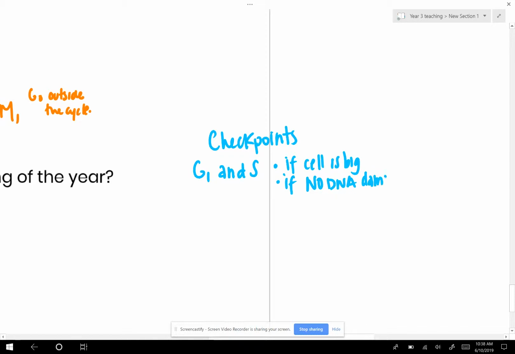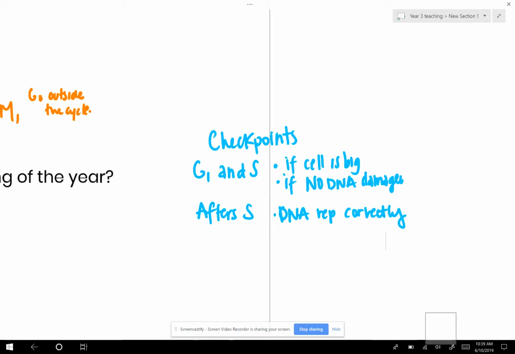Then we have one after S, where we check if DNA is replicated correctly. So that is another checkpoint, that before we head into G2, we check if those things are replicated correctly.